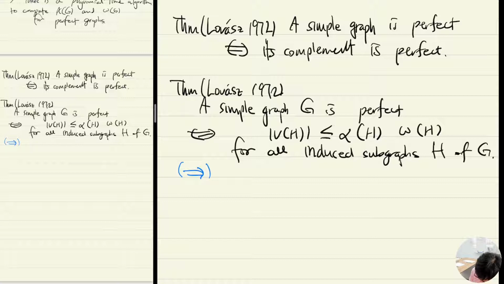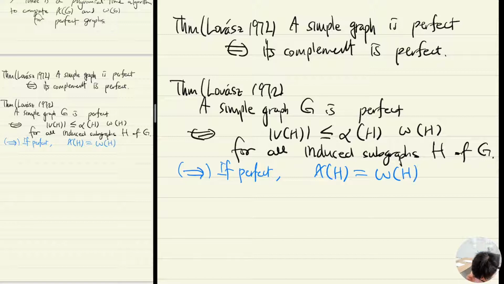So if a graph is perfect, then the chromatic number is equal to the clique number. Do you remember the definition of alpha? Alpha is the maximum size of a stable set, a set of vertices pairwise non-adjacent. And if you can color a graph with k colors, then one of the color classes has size at least n over k, where n is the number of vertices.